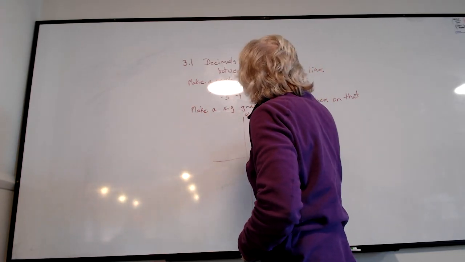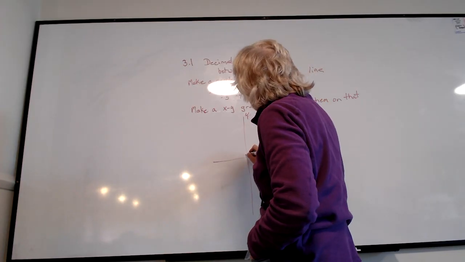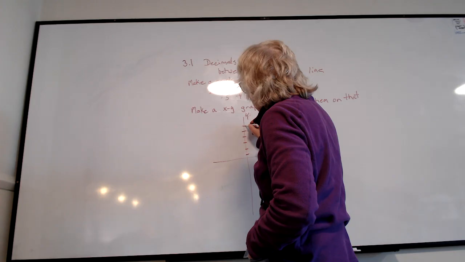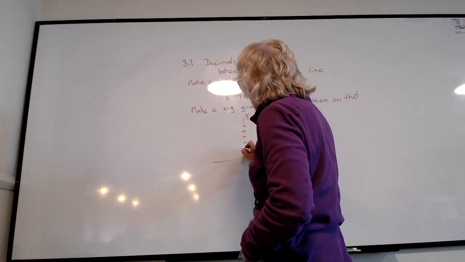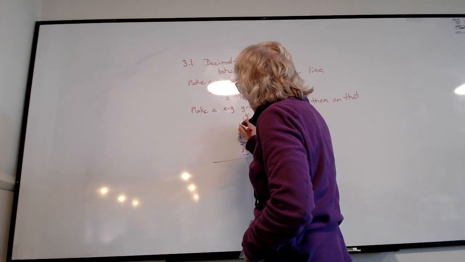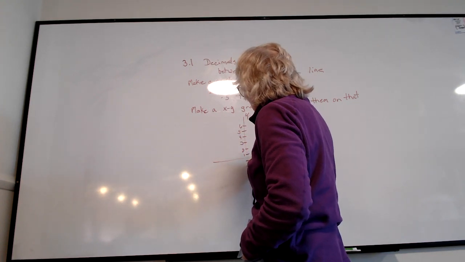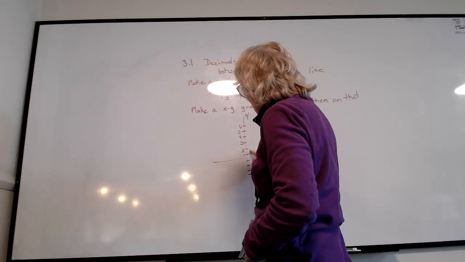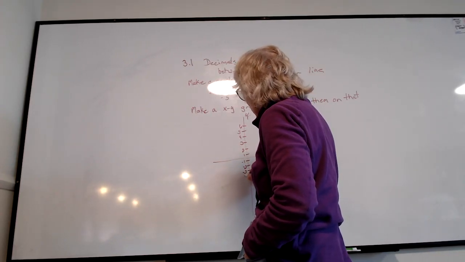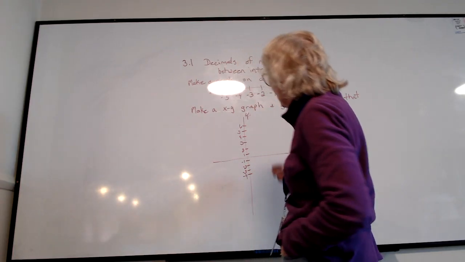This is always the Y, this is always the X. Then we have to make sure our intervals are very consistent. So if I go up by 1, I have to continually go up by 1, I can't jump. And I would still have to go down by 1 on the other side because this is all the same axis. We can't change our interval.